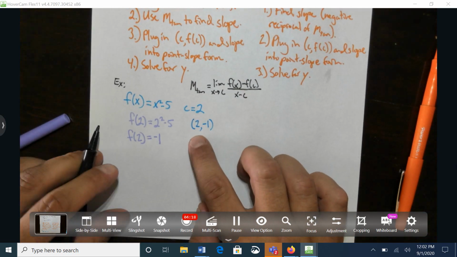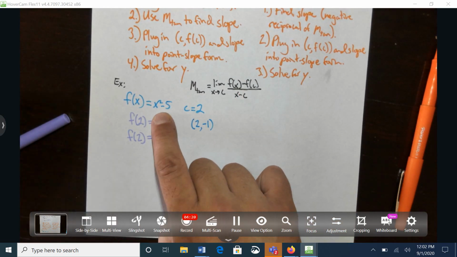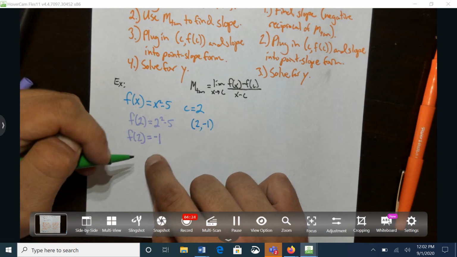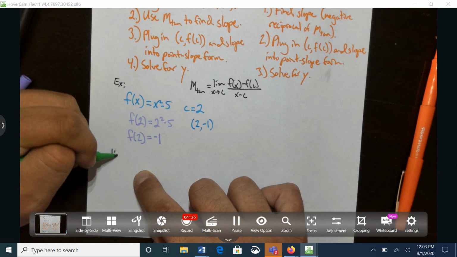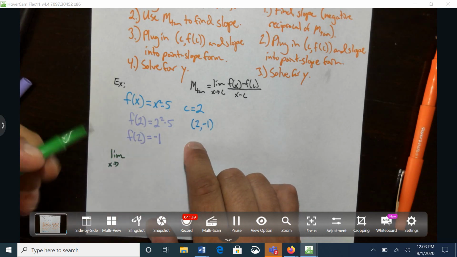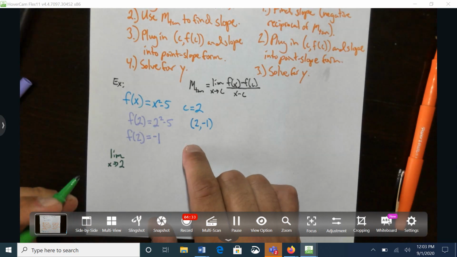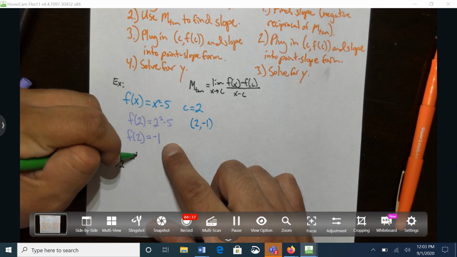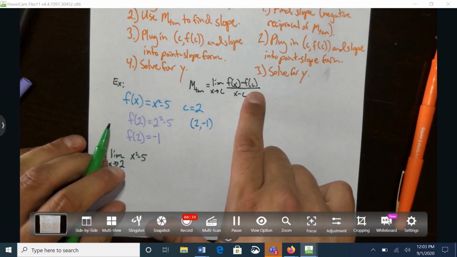So our f of x is this function. So we're going to plug in the limit as x approaches c, and c in this case is 2. So the limit as x approaches 2 of f of x, so that is x squared minus 5, minus f of c.